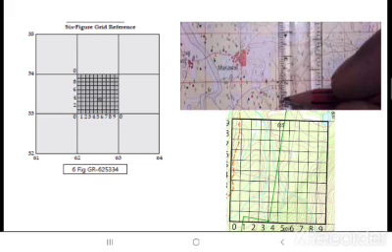Suppose for the box which is marked, I want the 4-figure reference, then what would be my answer? The eastings 62 and the northings 33. So my 4-figure reference will be 6233.